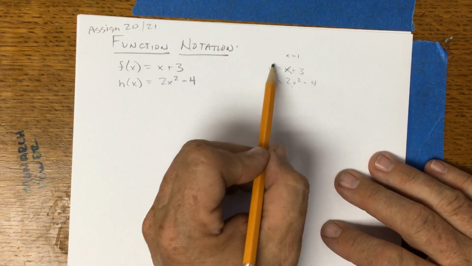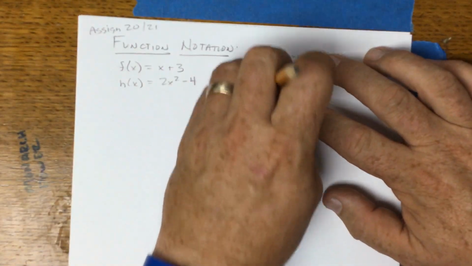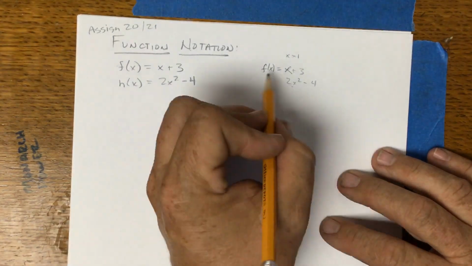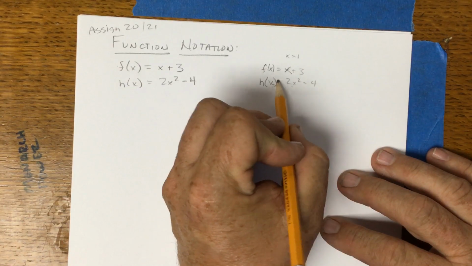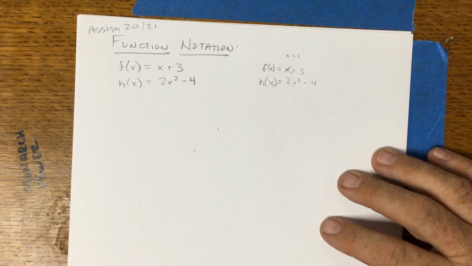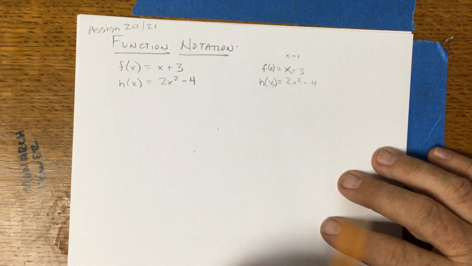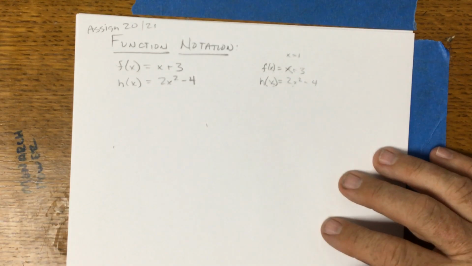So I have two different functions. Instead of writing them as y and y, we write them in function notation: the function f of x is equal to x plus 3, and the function h of x is equal to 2x squared minus 4. So we get the idea that there's two different functions.